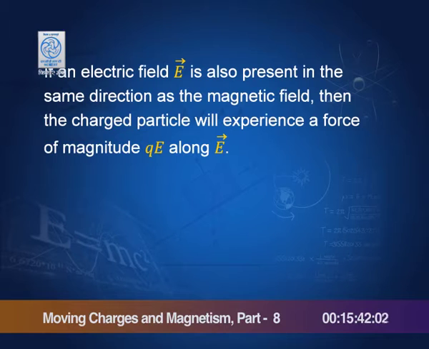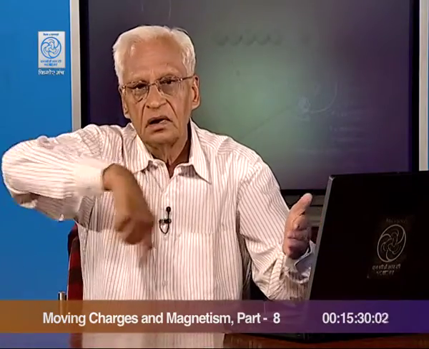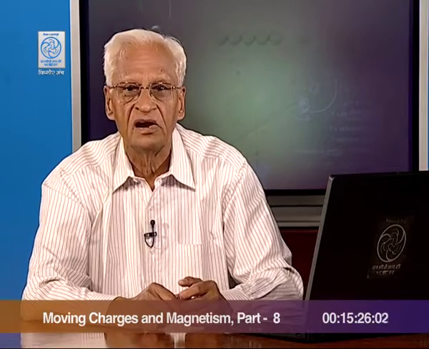Now, if an electric field E is also present in the same direction as the magnetic field, that is, both B and E are in the same direction, then what happens? We have seen that B would make the particles go in a circular orbit around the magnetic field lines. E would pull them up, because E applies a force in the direction of the field.